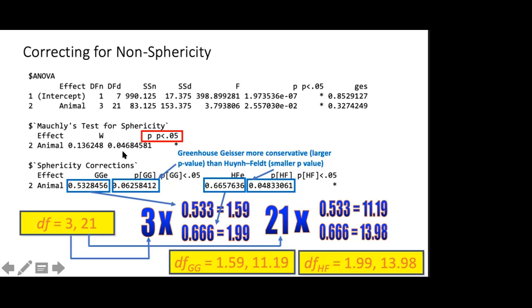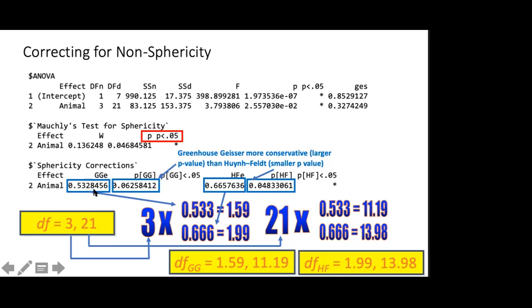So that means you probably want to look at the epsilons. Then it also gives you, as a correction, the estimates for the Greenhouse-Geisser estimate and the Huynh-Feldt estimate. You can see the epsilon is 0.53 for Greenhouse-Geisser, and 0.67 for the Huynh-Feldt estimate. And you can see the corresponding p-value using the Greenhouse-Geisser estimate.